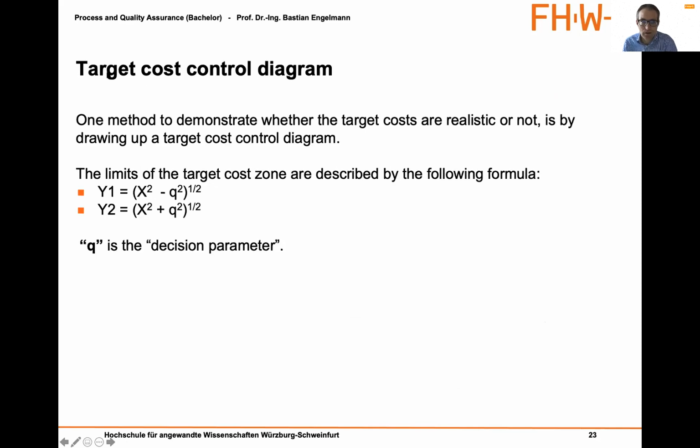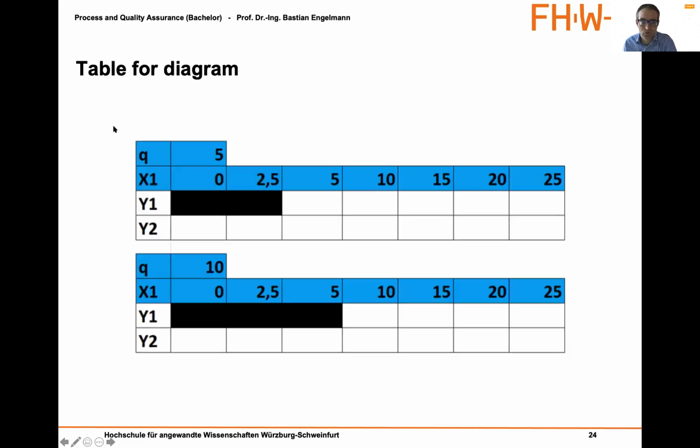We want to draw together now the target cost control diagram. In the lecture before, we had this COVID illness, I said we do a little bit of value table to draw the target cost control diagram. And we will save the time here.